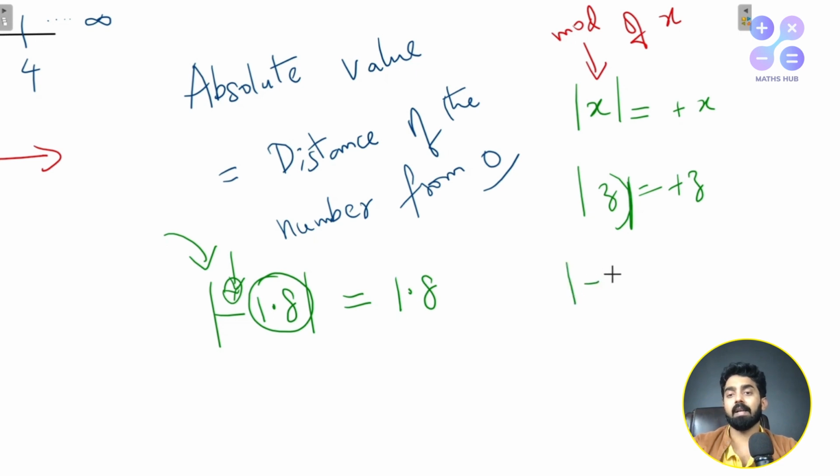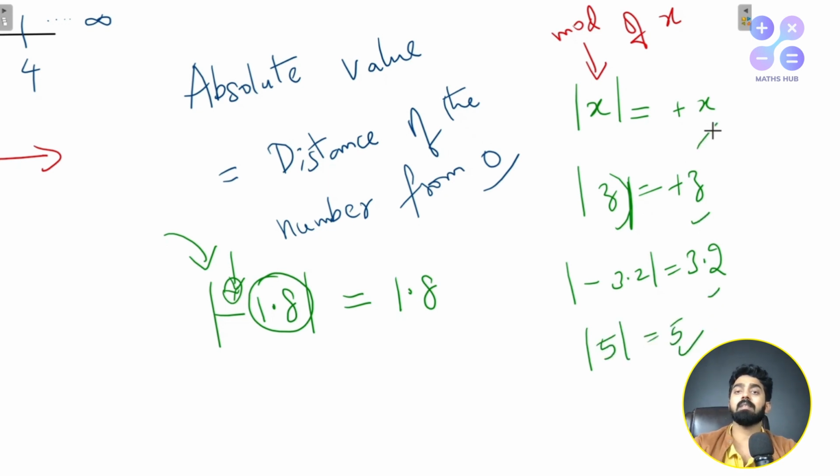A mod of minus 3.2 will be equal to 3.2. A mod of 5 will be equal to 5. So a modulus represents the distance of that number from 0, and since distance is always a positive value, the mod of any number will only consider the value of that number and not the sign.